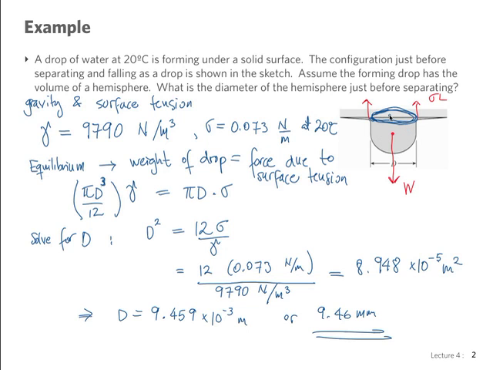So if the balance is broken somehow, the drop will detach. So this is the maximum diameter it will reach, despite the fact that as it detaches, it might change shape, right? So it makes sense in that way as well, if you think about the whole process a little bit. Although we made some simplifications, they do make sense.